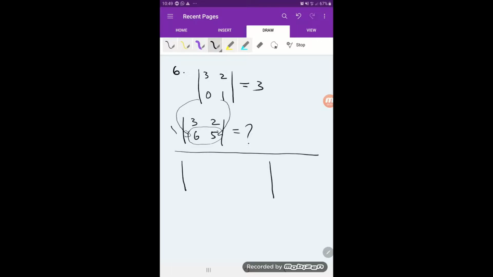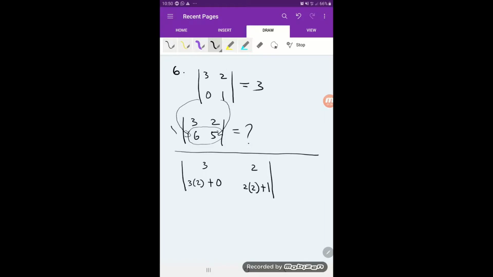The first row is the same. So the second row is the first row times 2 plus the second row, that means plus 0. And then the first row times 2 plus the second row, that means plus 1.